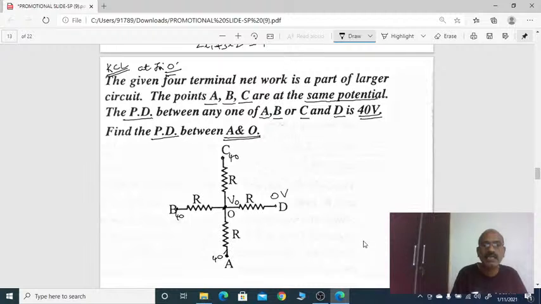This is current I1. This is current I2. This is current I3, right? And this is current I4, arrow mark. So current I1 plus I2 plus I3 is equal to I4, right? It's moving away.